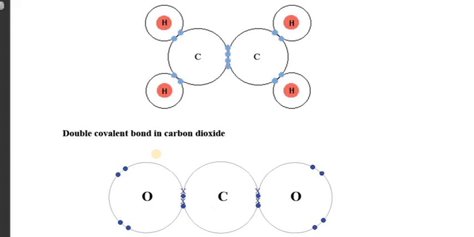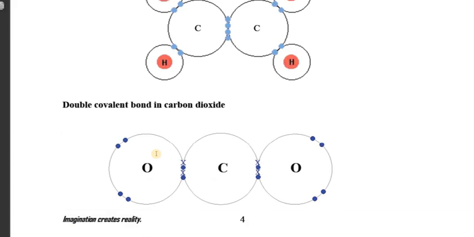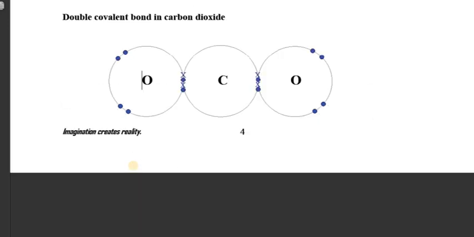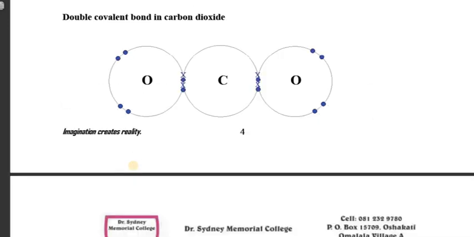I remember when you guys were drawing one for carbon dioxide in grade 9, and you ended up just putting in crosses and dots, not knowing why. But you should remember that oxygen wants to have 8 electrons in its outer shell, so does carbon, so does the other oxygen. So when all your electrons have been shared and you count them, that is what you should get in the end.